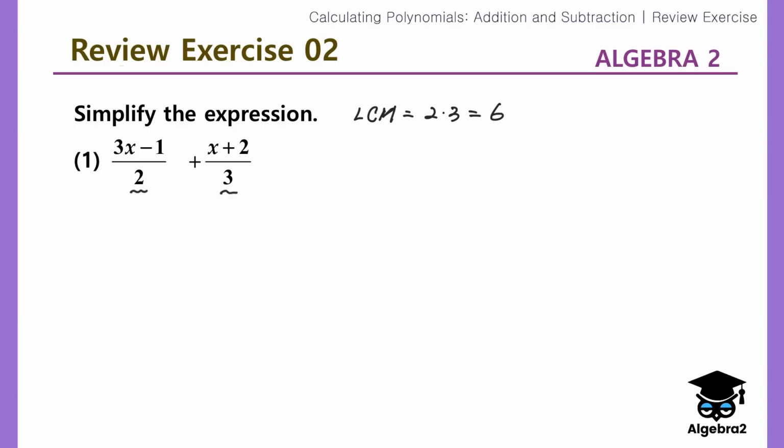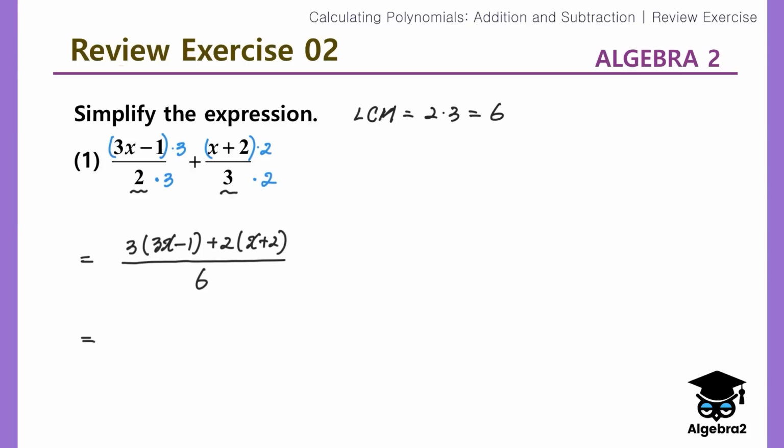That's a 6, right? So we're going to multiply by 3 here, which means all of this expression by 3, right? Multiply by 2 here, all of this expression by 2. So that is equal to, our denominator is 6, and we have 3 times (3x minus 1), plus 2 times (x plus 2).